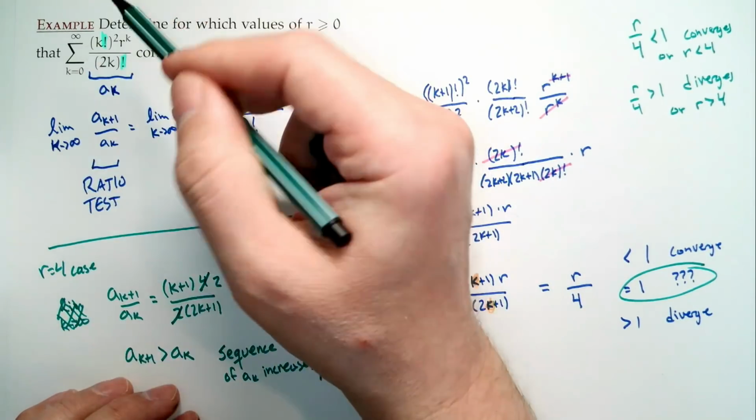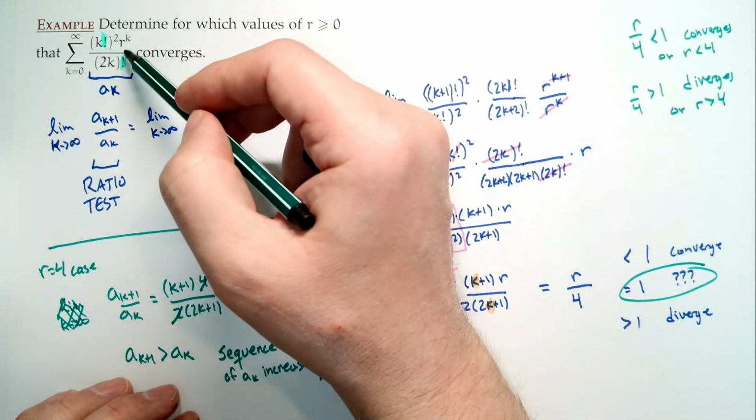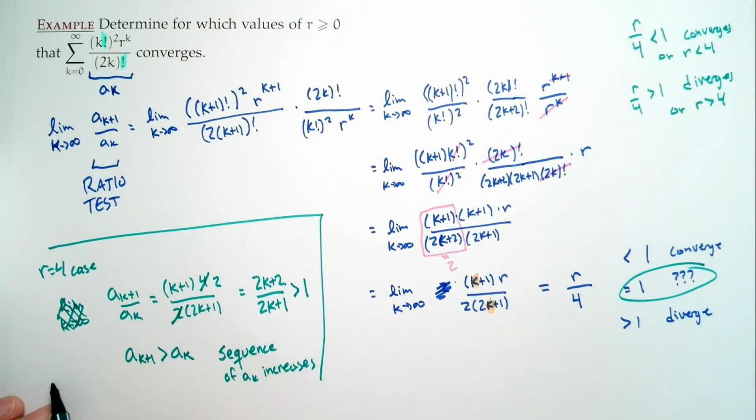We're going to get upstairs 0 factorial is 1, 4 to the 0, which is 1, and 0 factorial, which is 1. So what happens is our a_0 equals 1. Well, that's going to be less than a_1, that's less than a_2, that's less than a_3. And the reason I can write these is I always know that the current term is smaller than the next term. So what does that say happens when we look at our terms as we head to infinity?